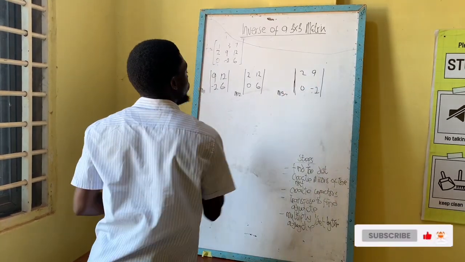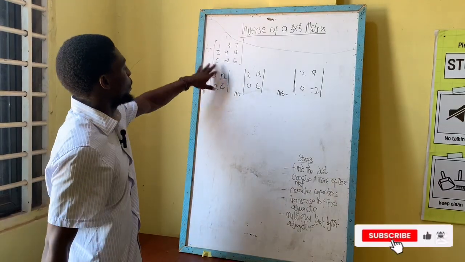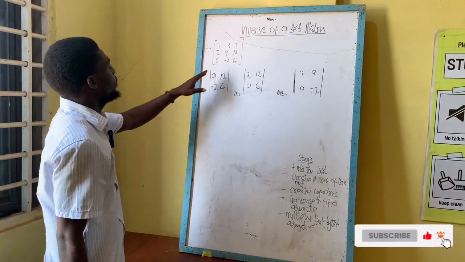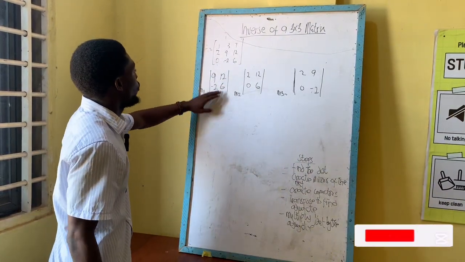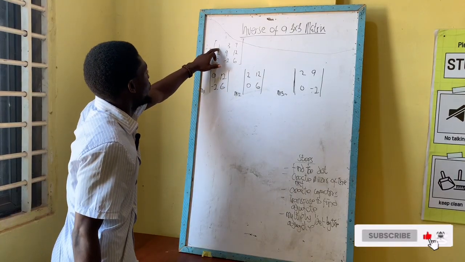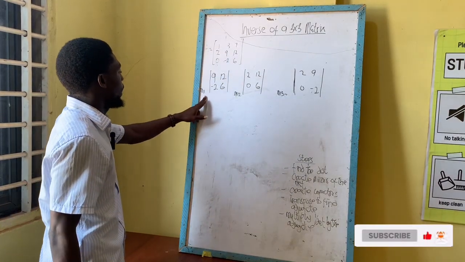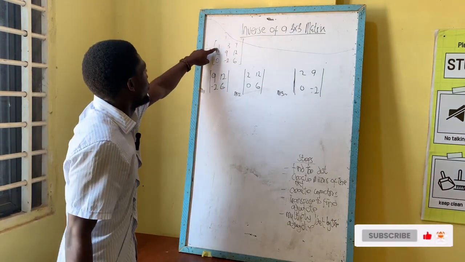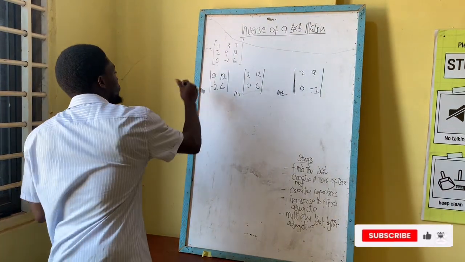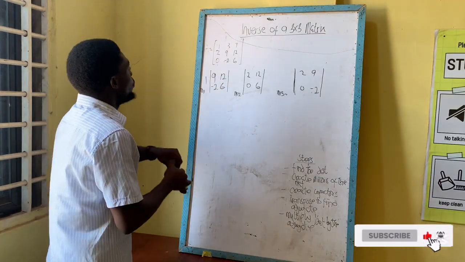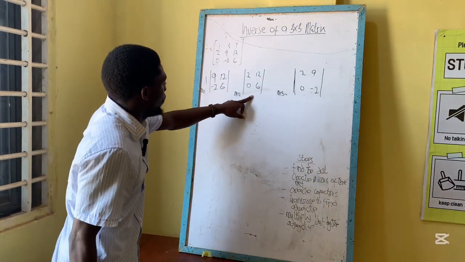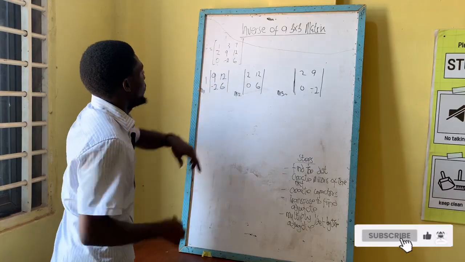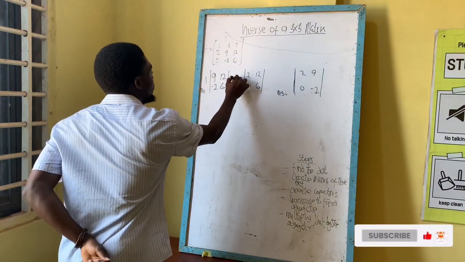Now, after finding the minors of this particular matrix, you then multiply each minor by the corresponding element of the first row. So you are going to multiply the minor 1,1, which is 9, 12, negative 2, and 6, by the first element, which is 1. Then you multiply the second minor that you created by 3. In this one, we are going to negate the middle one.